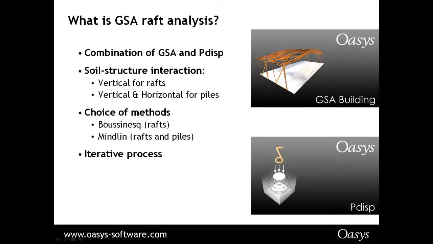It does a soil structure interaction which is vertical only for rafts and vertical and horizontal for piles, or of course a combination of the two. It has both the Boussinesq and the Mindlin ground methods in there. Boussinesq is only suitable for rafts, Mindlin is suitable for rafts and piles. And it is an iterative process, which means there's some amount of cycling going on.